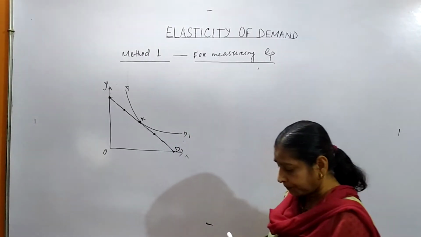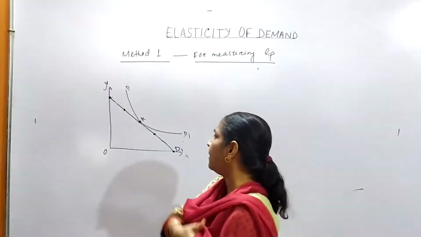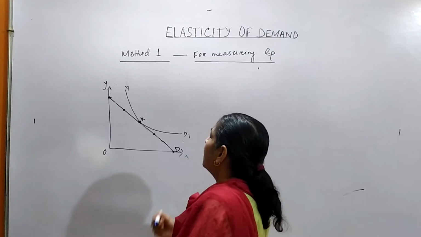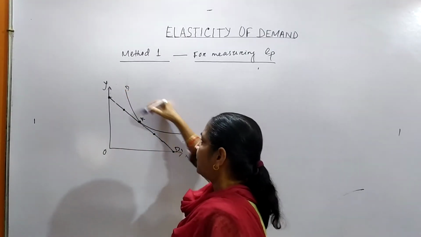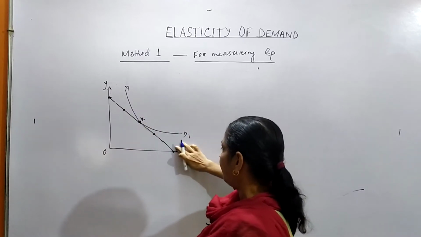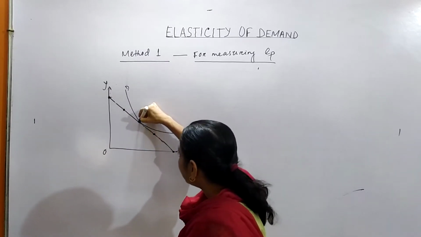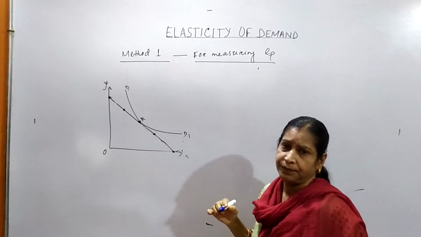In order to measure EP on a non-linear demand curve, we have to draw a tangent. Suppose this is a tangent. We have drawn a tangent touching that particular point.